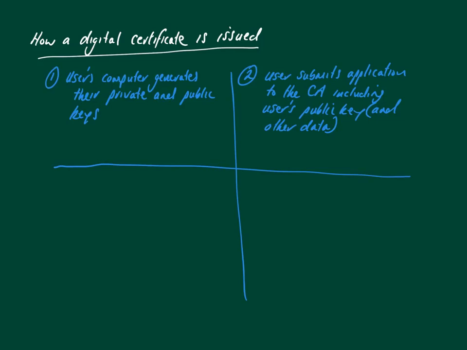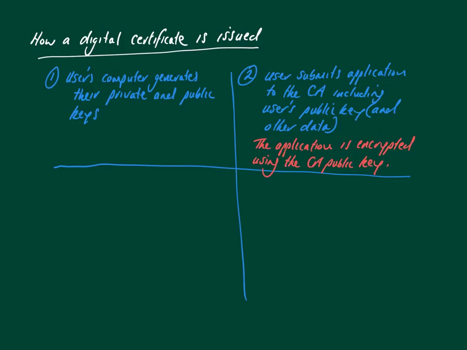So you think of it as a 2-way communication between the user, which is the client, and the certificate authority, which is the sender. When you have any sort of encrypted communication, you swap public keys. So the certificate authority's public key will be known to the user. So that's how they can use it to encrypt the application.